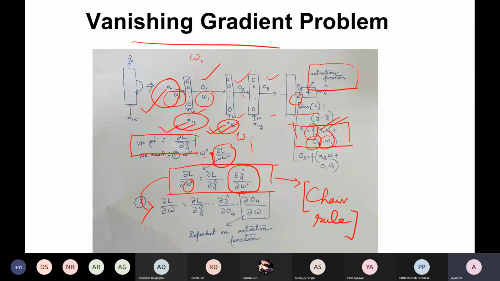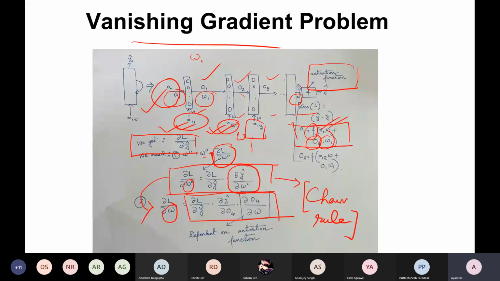Similarly, if you come to this part, whatever inputs you are considering, the temporal inputs x11, x12, x13, for all these inputs you are associating some weight W. Now, when you are interested in checking the loss with respect to this W, a similar expansion applies: the derivative of loss with respect to y hat, multiplied by the derivative of y hat with respect to output 4, because that is your final layer output.